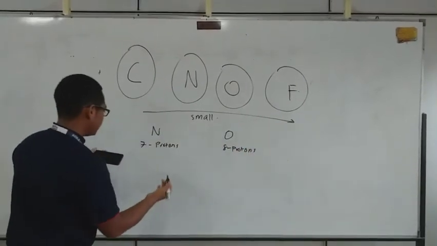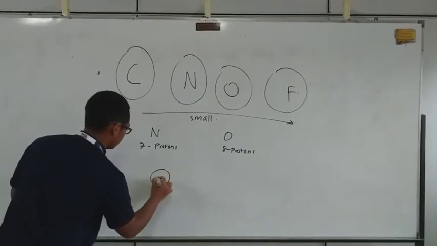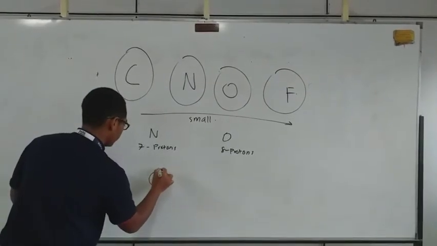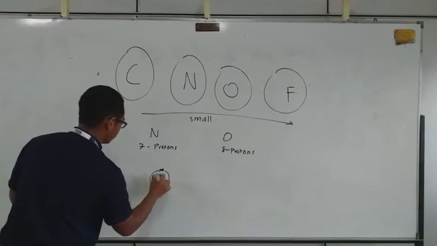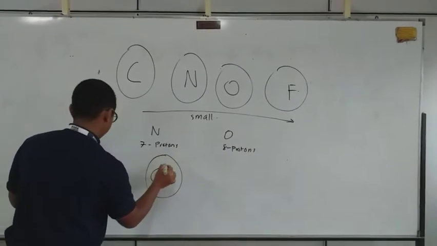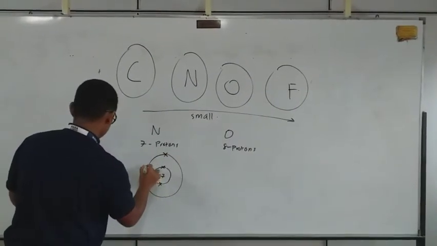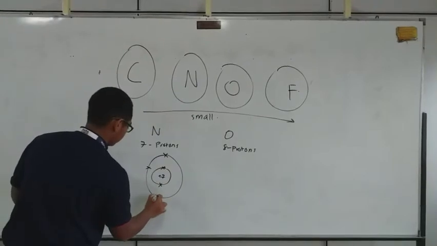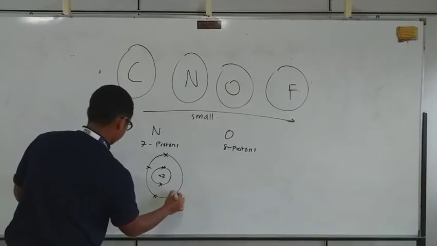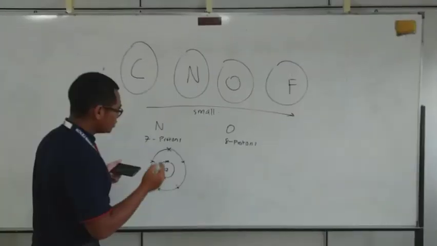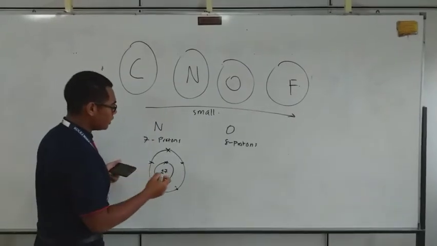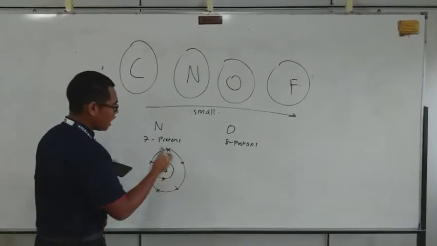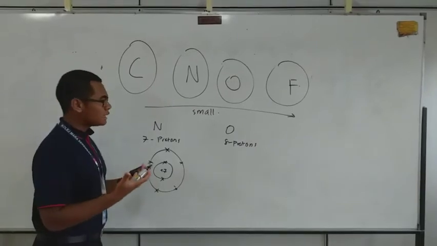So let us draw. This is the nucleus, this is the electron, and this is the valence electron. How do we get the effective nuclear charge?